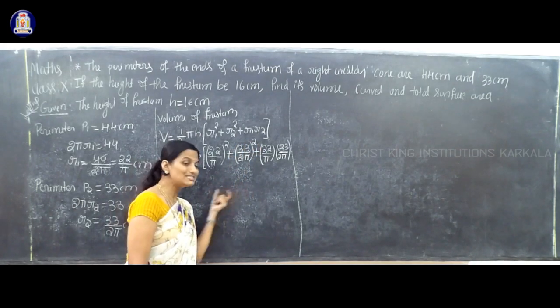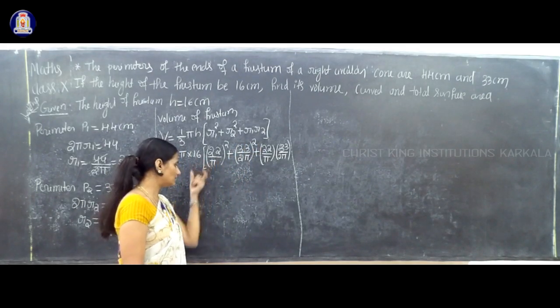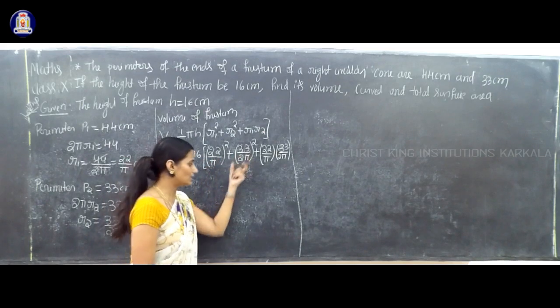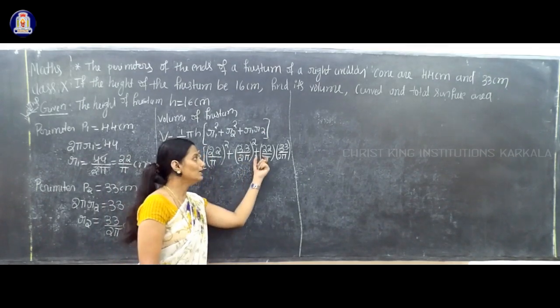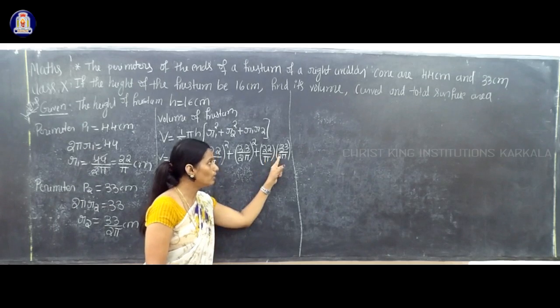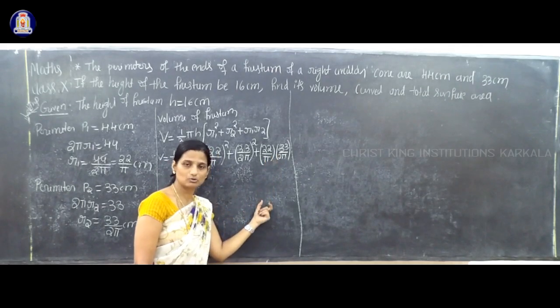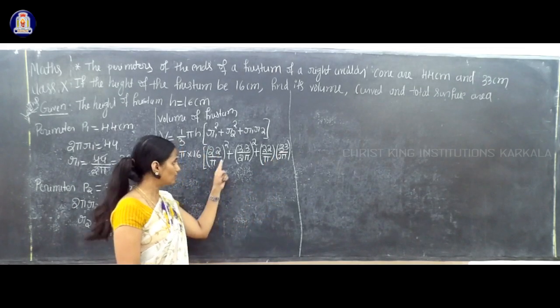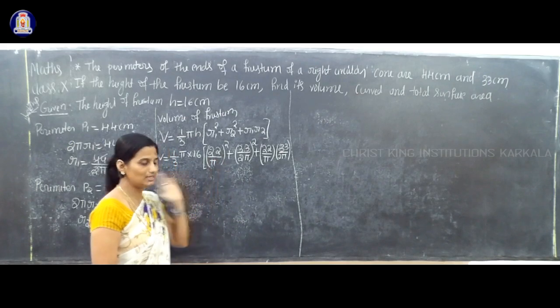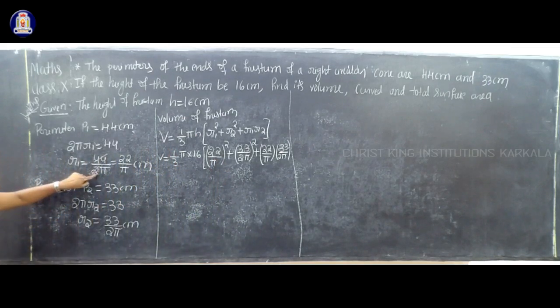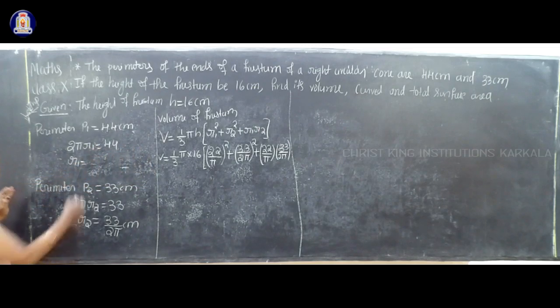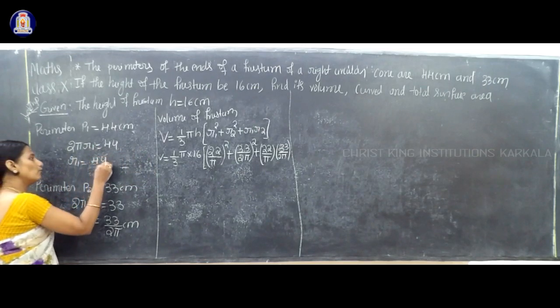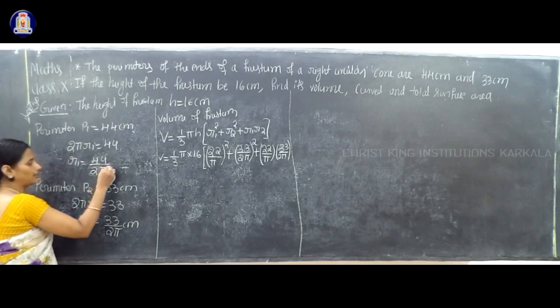So your LCM changes. So LCM is pi square, next is 4 pi square. That changes if you substitute this pi. So better don't cancel this. I keep as it is, that is 44 divided by 2 pi.